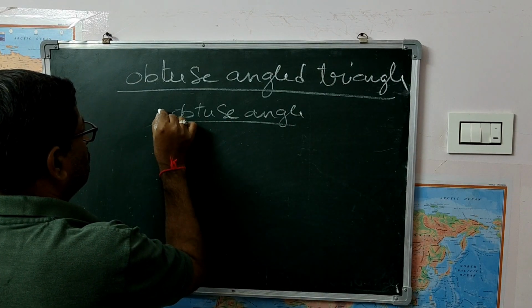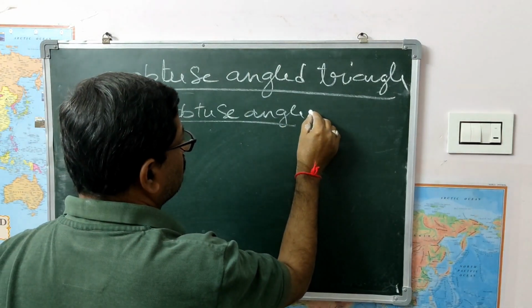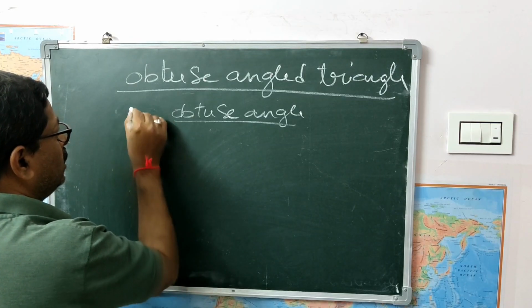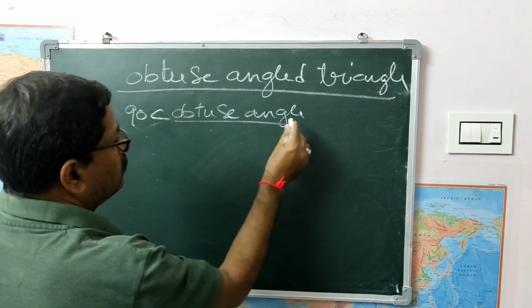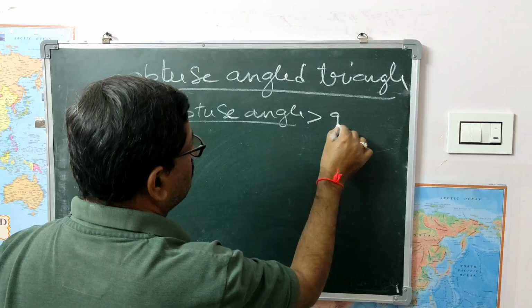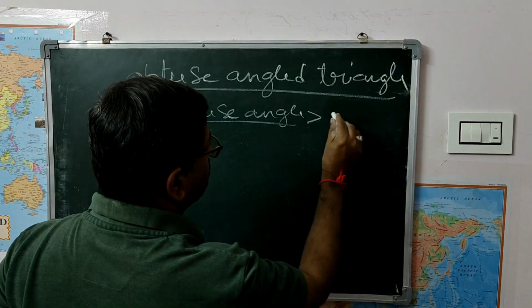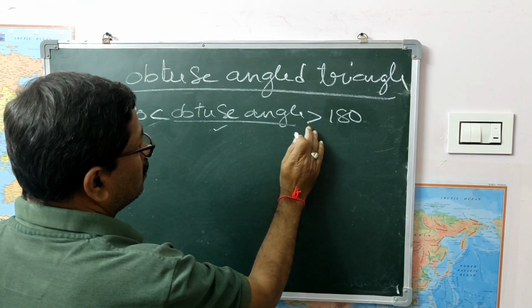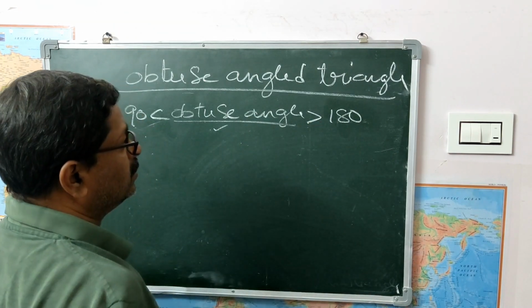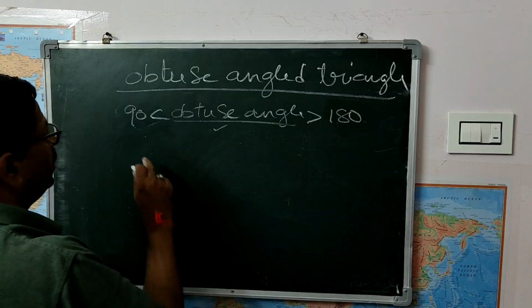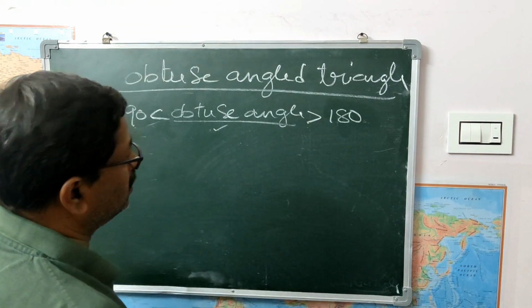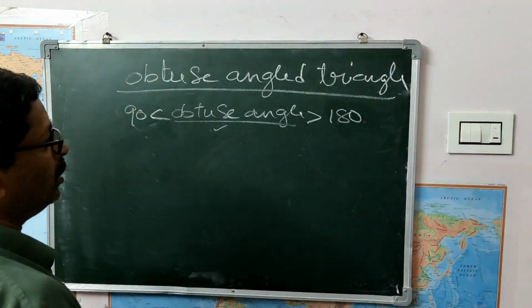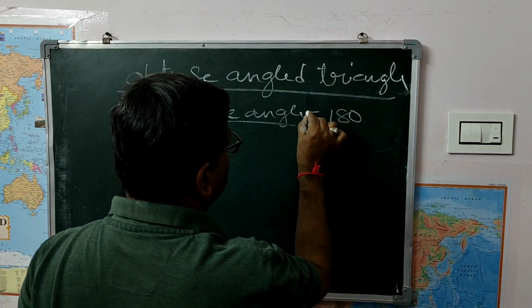So the obtuse angle is greater than 90 degrees, or otherwise you would write 90 degrees less than obtuse angle and less than 180 degrees. I gave the wrong symbol here.